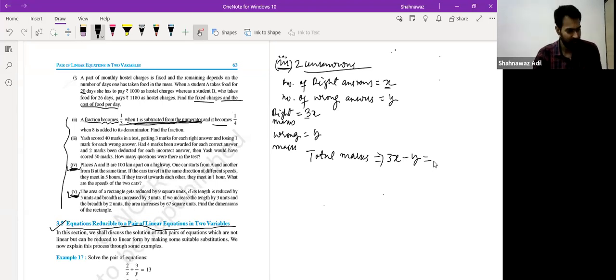He obtained how many marks? So he scored 40 marks, right? So this much marks that he got.